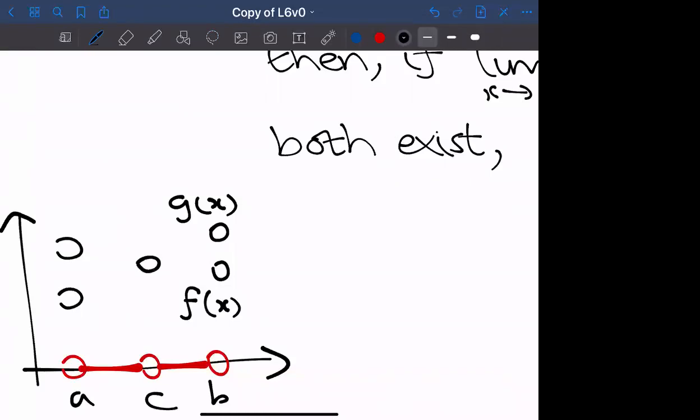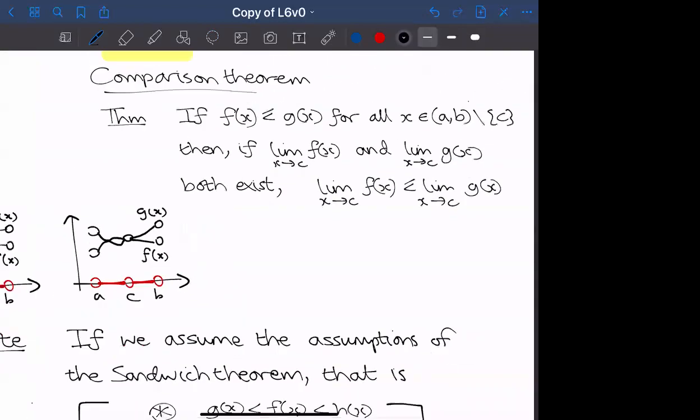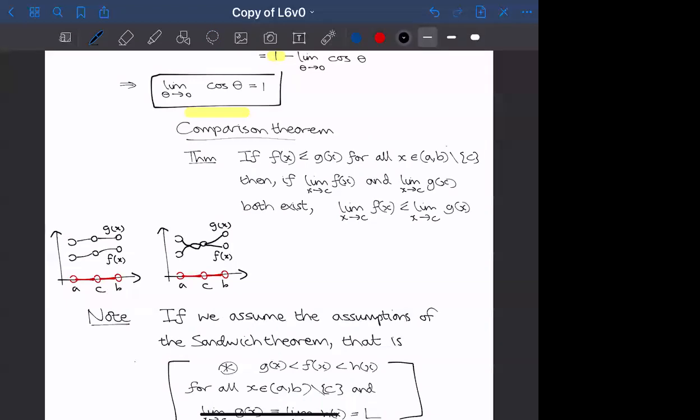But we could have something like, well, that graph looks a bit silly, but the idea is that f and g can be equal, and they can be approaching the same value at c.